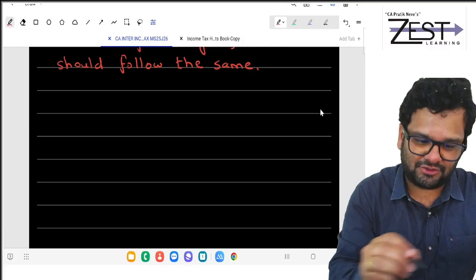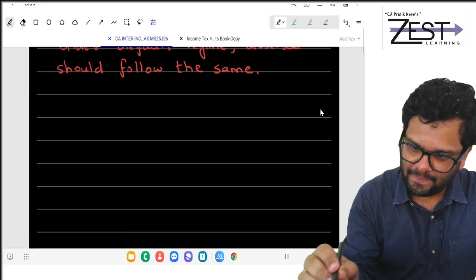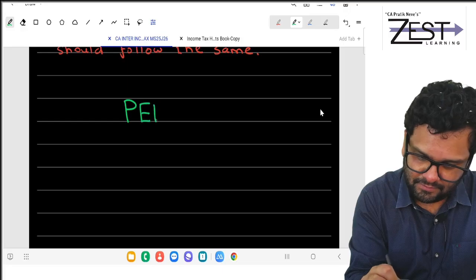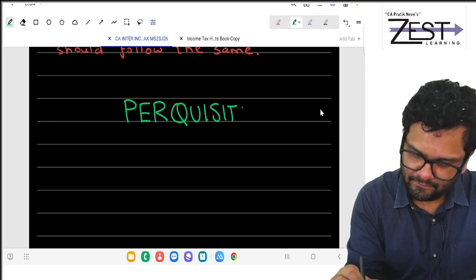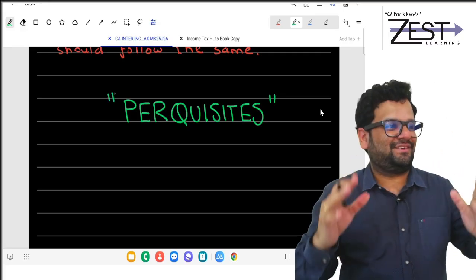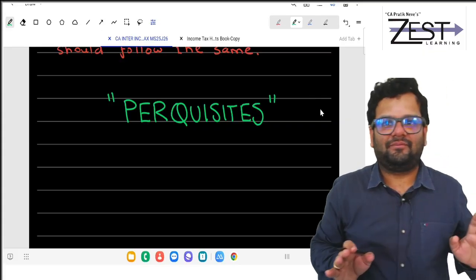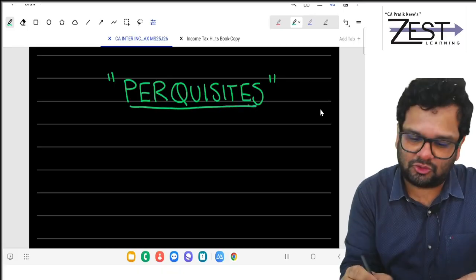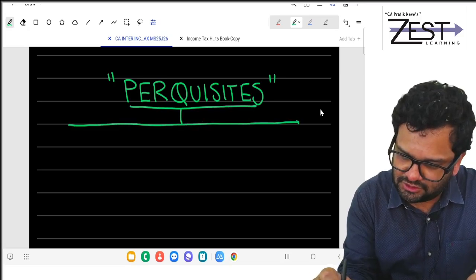Start with perks. Give the heading perquisites. So for perquisites, we just keep on doing valuation. That value of perk will become taxable. But there are some perquisites which are tax free also. So I can divide perquisites in two parts.